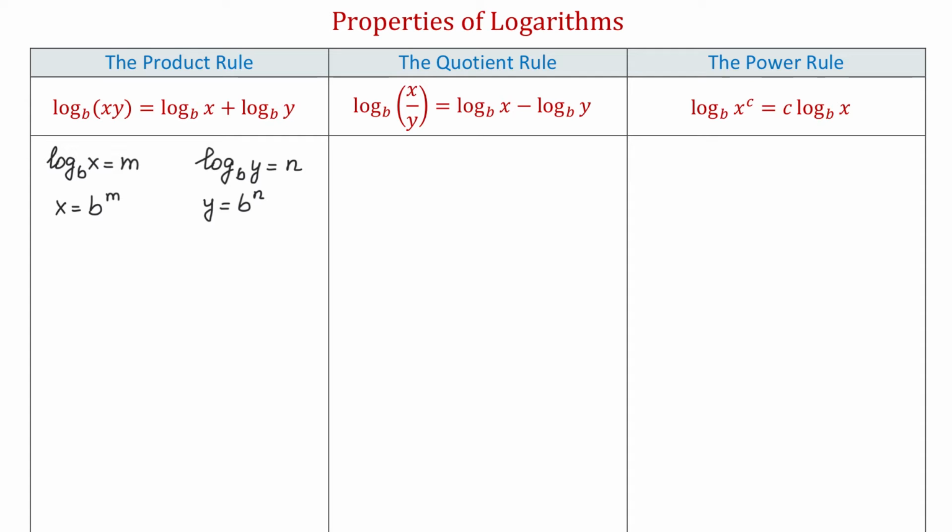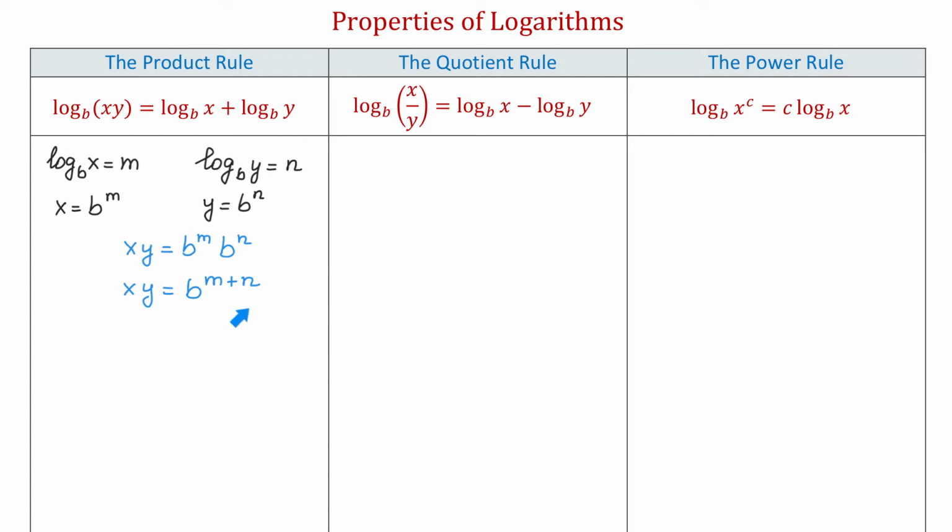Now let's form the product x times y. Then let's replace x with b to the m's power and y with b to the n's power. Then, according to the product rule of exponents, when we multiply these two expressions, we need to add the exponents. So then, we will have xy equals b to the power of m plus n.